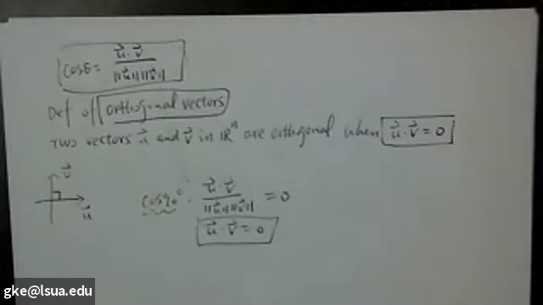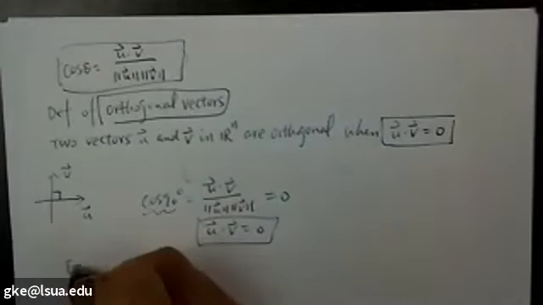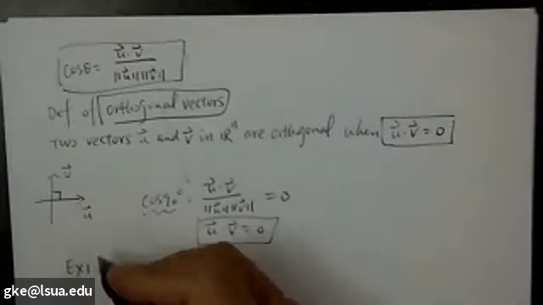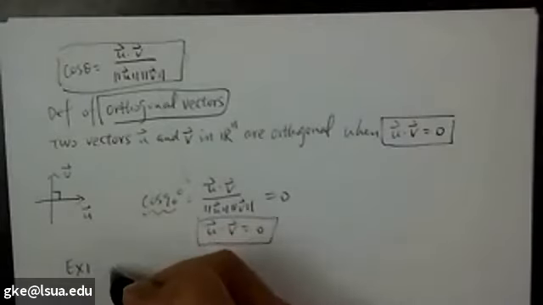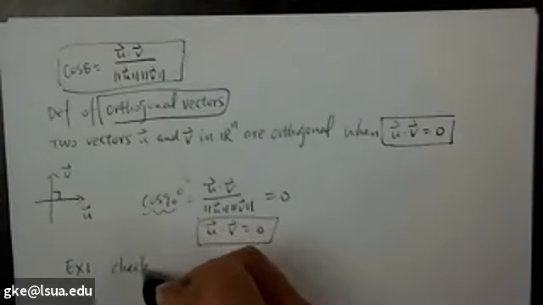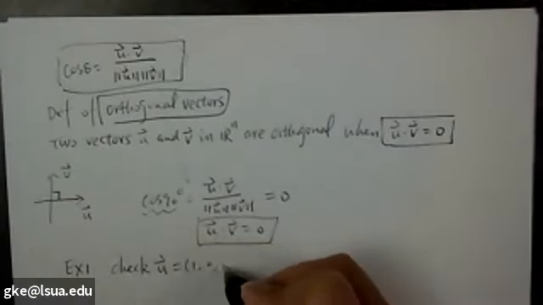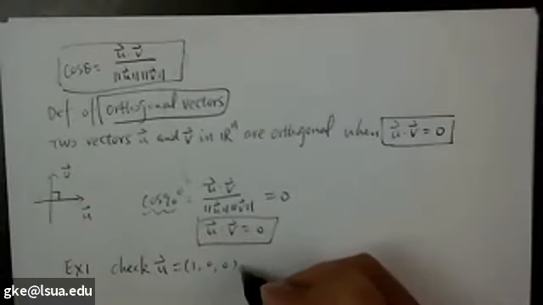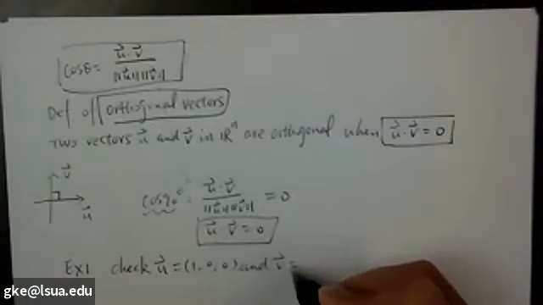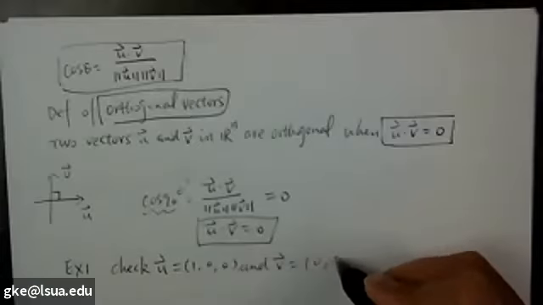Now, I'm going to give you guys 1 minute to try this example. Check: u equals 1, 0, 0 and v equals 0, 1, 0.